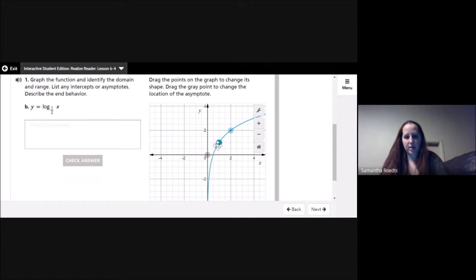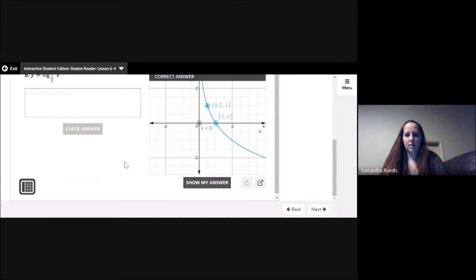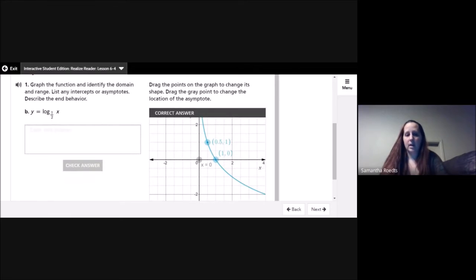So it's still going to have a point at 1, 0. And then it's going to go this way, like this. So again, you can substitute points in and solve. You can also graph it on Desmos and look at it that way.